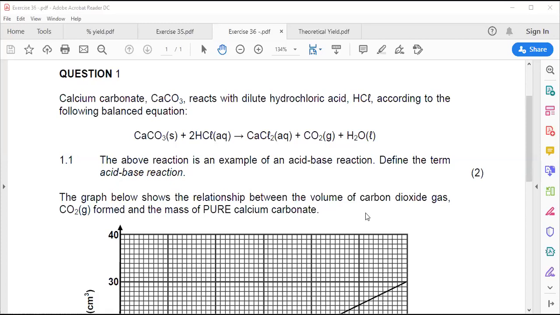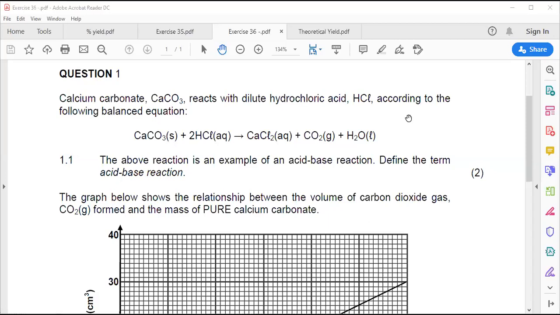How did you define it? Mine was similar. The acid-base reaction takes place between an acid and a base, which produces products which are water and salt. Okay, all right, that's correct. So it's a reaction that takes place between an acid and a base to produce salt and water.